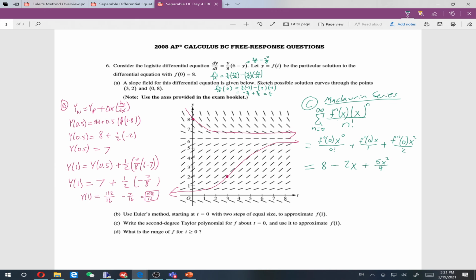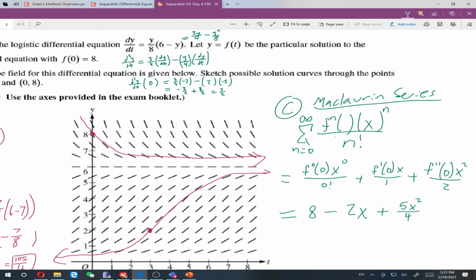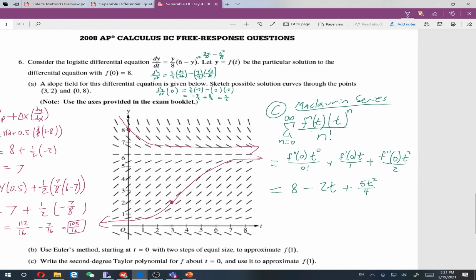Oh, our input's t, not x, so I need to change all of these x's to t's. My bad. T, T, T, T, T. Alright, awesome.